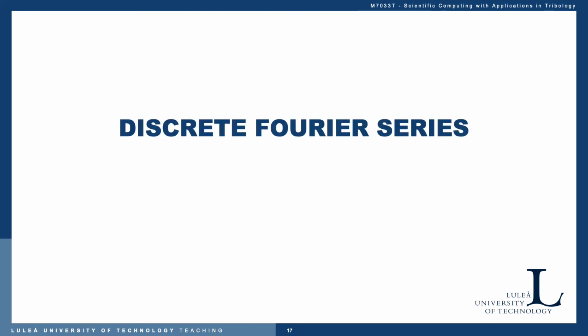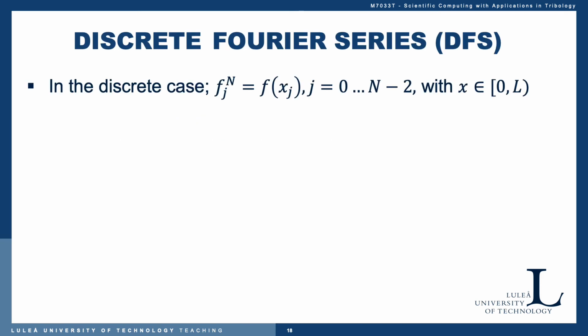Now, when we know a lot of important things about the continuous Fourier series, it's time to look at the discrete version of it. In the discrete case, we evaluate the function f in the discrete nodes xj, and we define fj as the value of the function at xj.